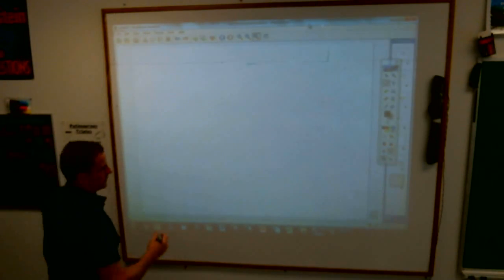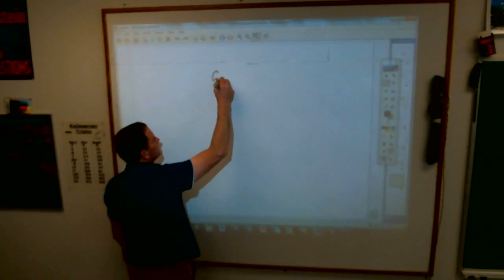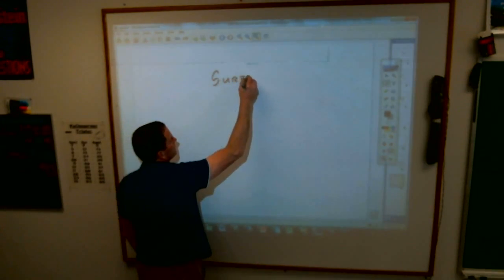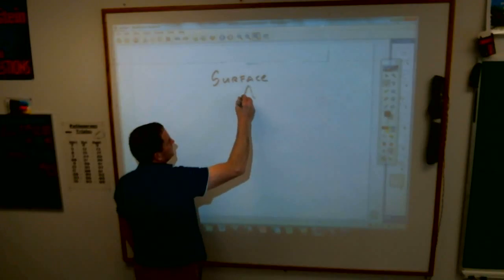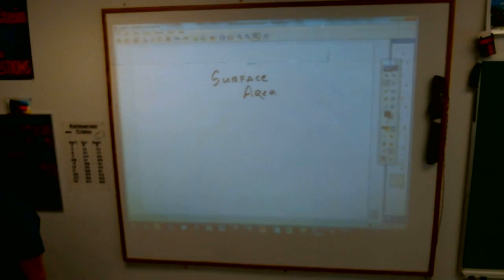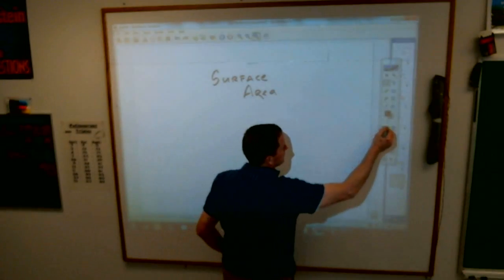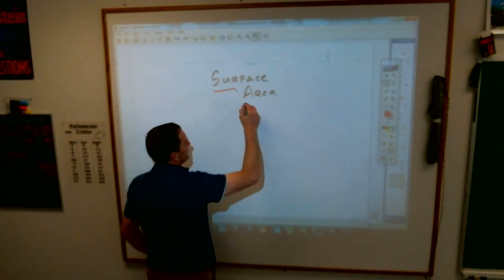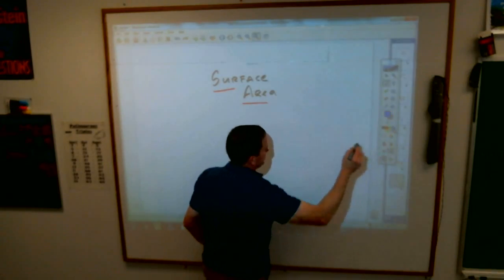Right on top surface area, please. And I believe this is total surface area. I don't know if they asked you lateral surface area. Oh, they do ask you lateral surface area. So I suppose we have to define this.